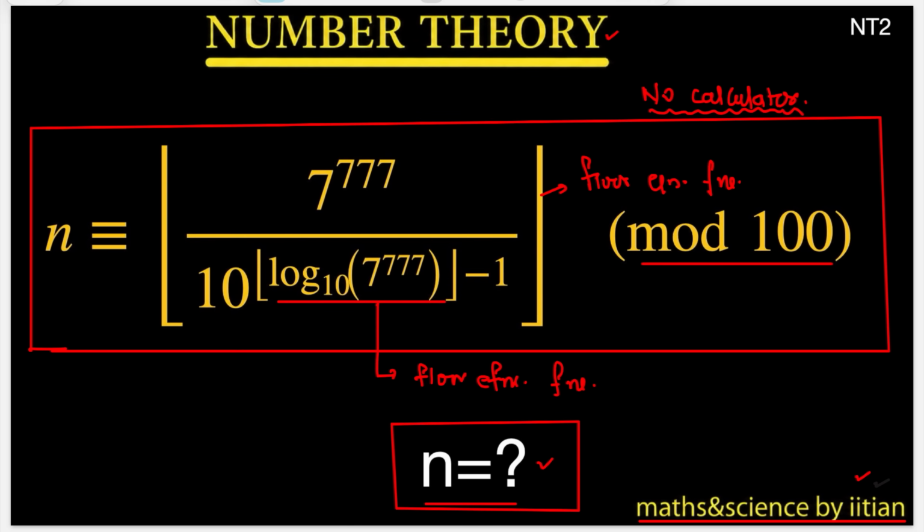Now, let us solve step by step and understand the concepts, understand the floor function, and also understand what is mod 100 and what are the last two digits, and try to solve for n. And let us develop the relation between natural logarithm and logarithm to the base 10. Let us solve this problem carefully.